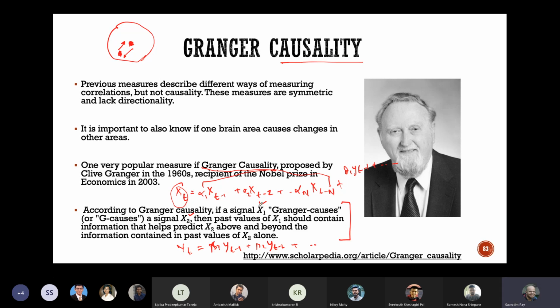Okay, here it's defined in terms of x1 and x2. So let's read this. According to Granger causality, if a signal x1 Granger causes a signal x2, that means that the past values of x1 should contain information that will help predict x2 above and beyond the information contained in the past values of x2 alone.